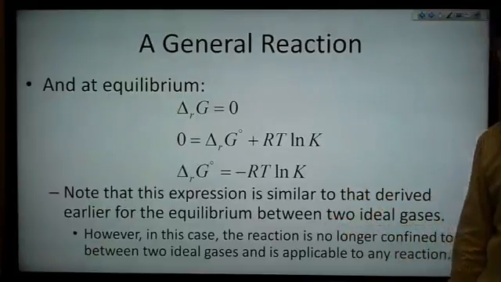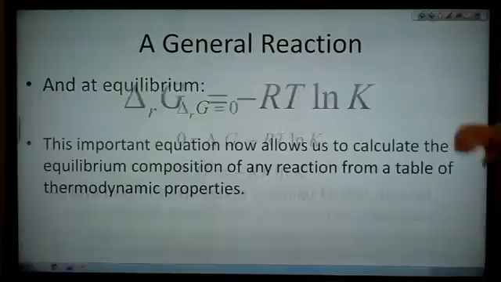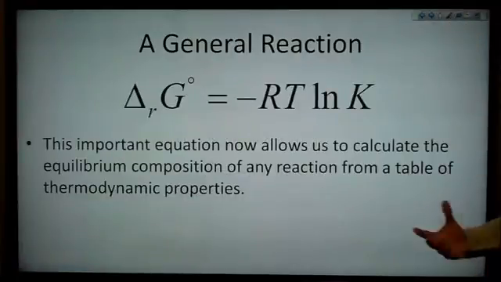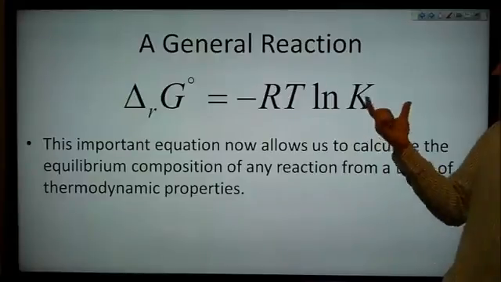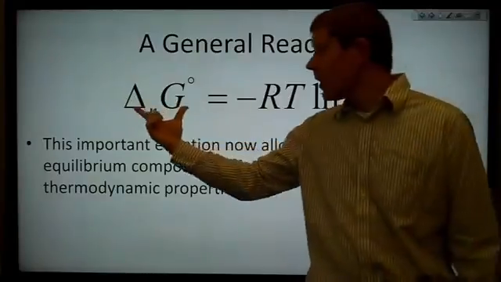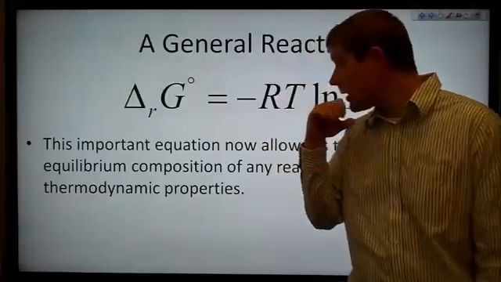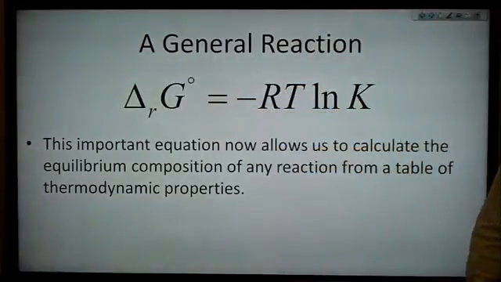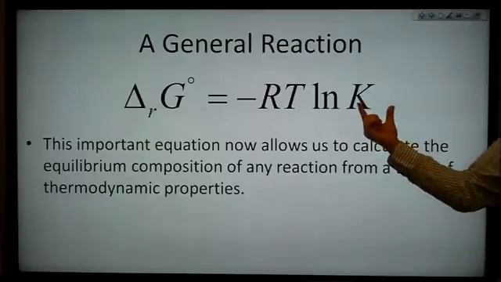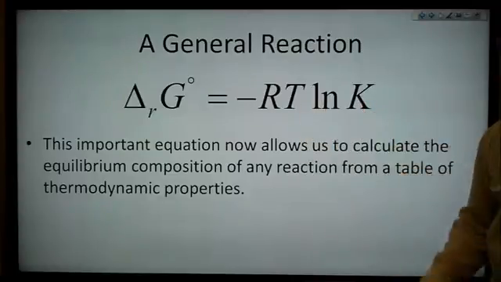We haven't constrained ourselves to ideal gases anymore. So now this equation allows us to calculate the equilibrium composition of any reaction from a table of thermodynamic properties. So we can figure out what K is given a number of thermodynamic properties. If we can figure out what delta r G naught is, then we can figure out what K is at some temperature.